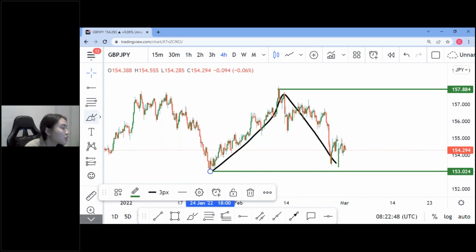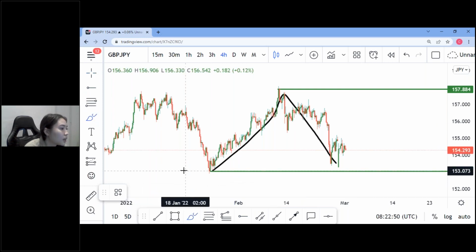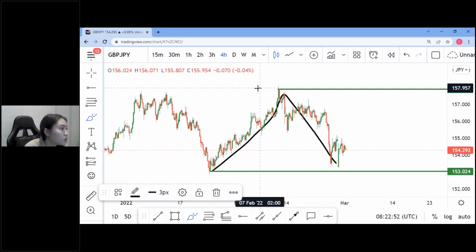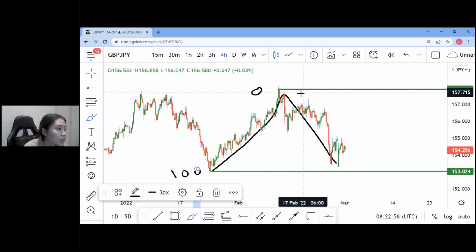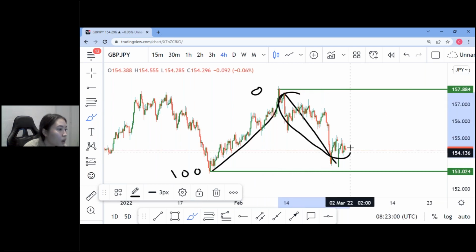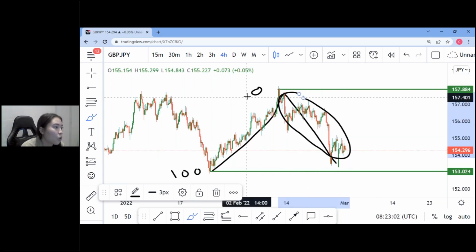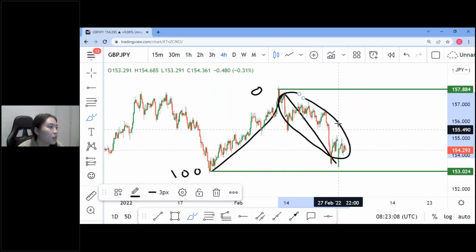As long as we're assuming that 0 starts from here and 100 starts from here, okay? So as long as this second part of the V is within the 0 to 100, that is considered a Fibonacci retracement.